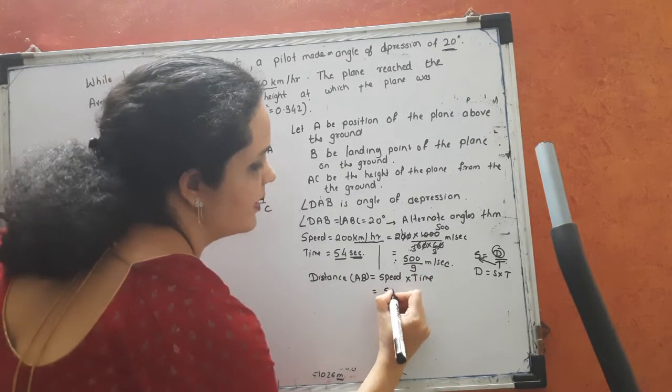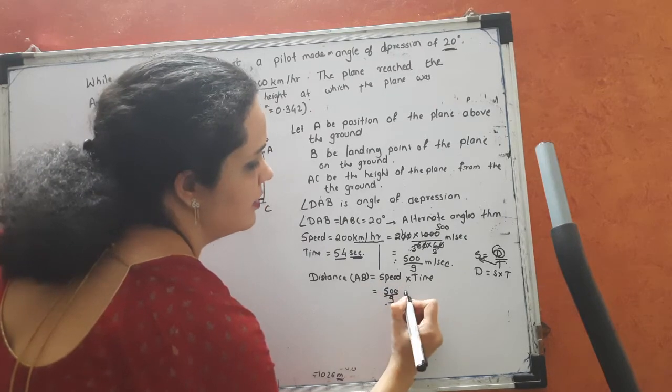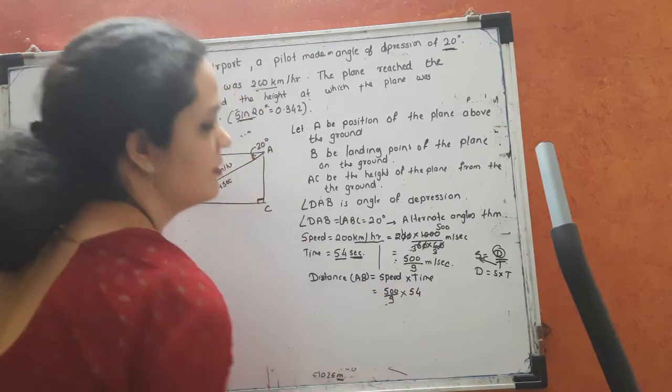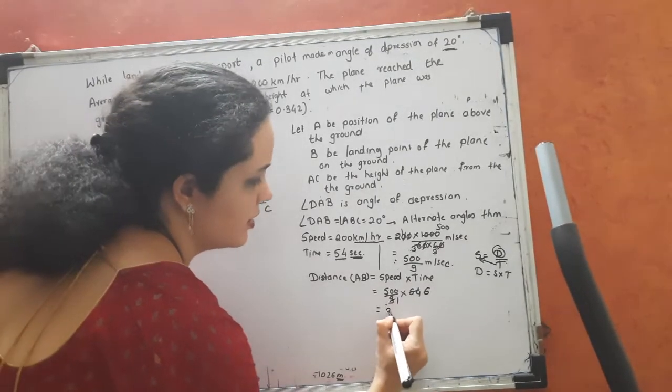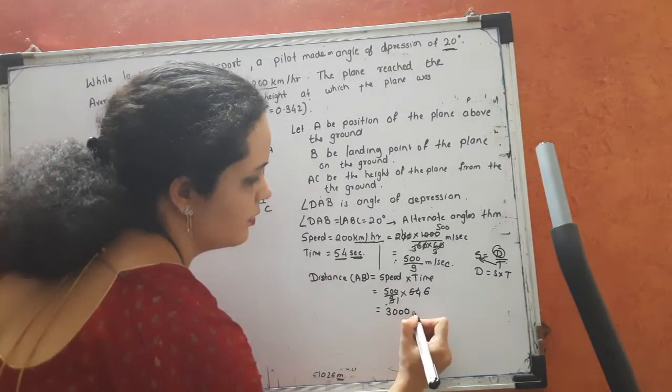Speed is 500 upon 9 meter per second. Time is 54 seconds. 9 ones are 9, 6 fives are 30, so 3000 meter.